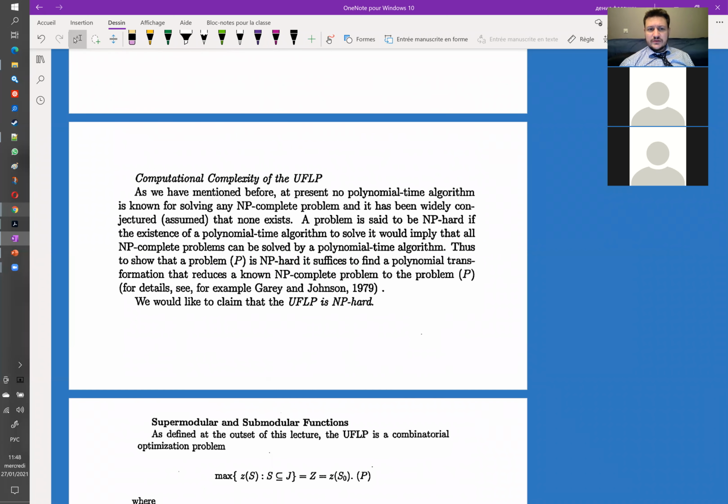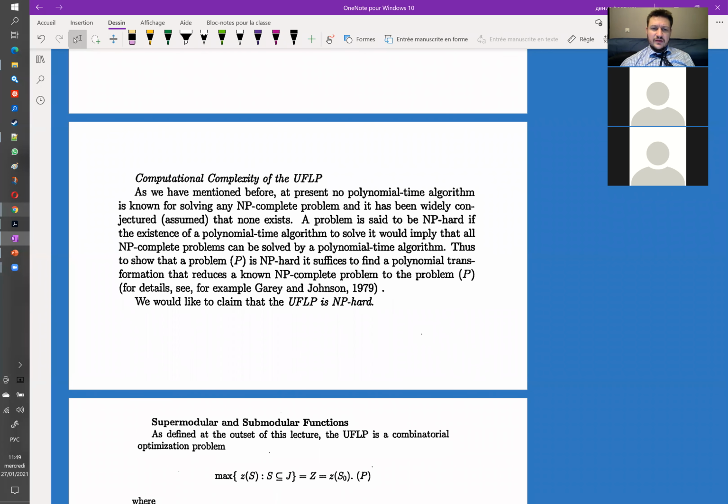Okay, and what about complexity of that problem that we have discussed just several minutes ago? In general case, of course, there is no polynomial time algorithm for solving an NP problem, and that problem is NP-hard.